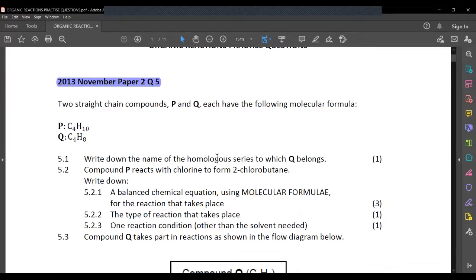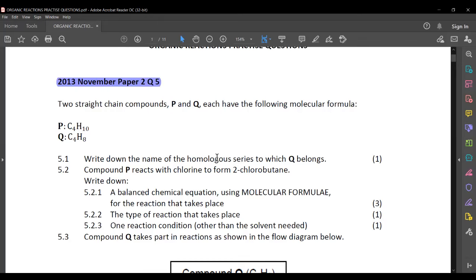Here we go. Two straight chain compounds, P and Q, each have the following formula. P, C4H10. Just by looking at P, I can tell you that P is an alkane from the formula, and the name of that alkane is butane. Q, C4H8.